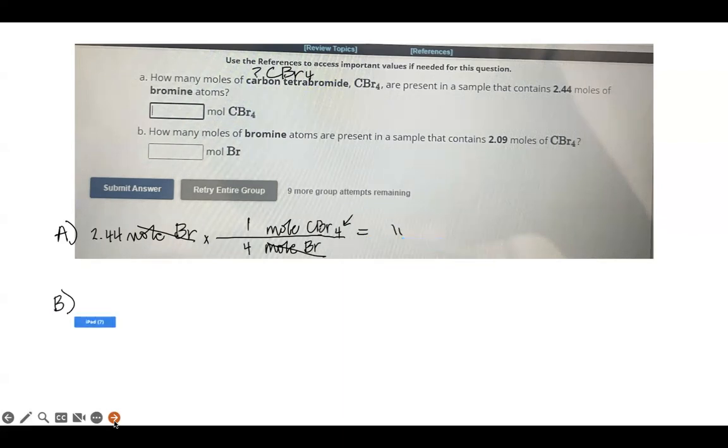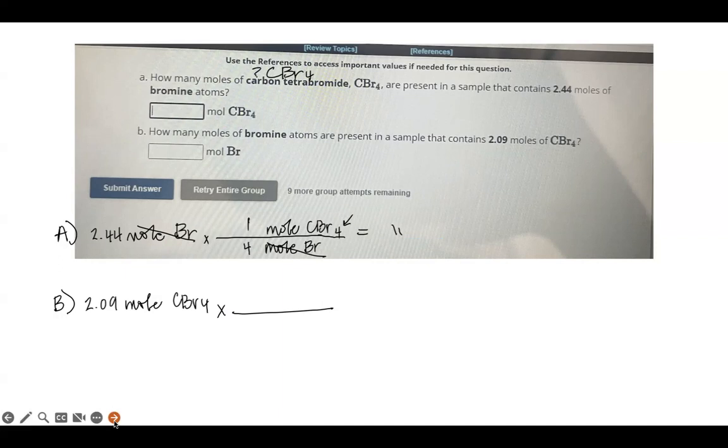All right, so this one, now we're given moles of the entire compound. So we're given 2.09 moles of CBr4, and we're asked to go to moles of bromine.